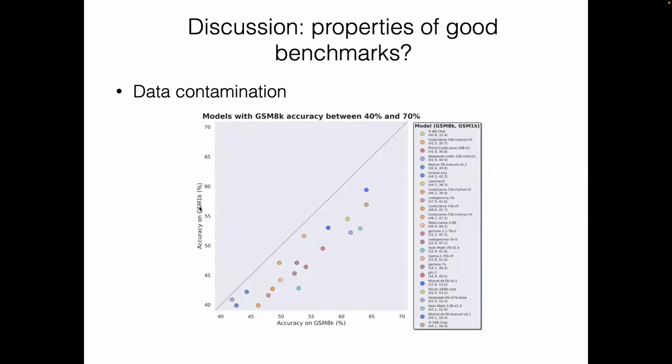The idea was they tried hard to come up with questions of similar difficulty and similar style as GSM 8K, but it was their new data set. And you can see this drop in performance. Ideally, the model would get similar performance on their version versus the GSM 8K version.